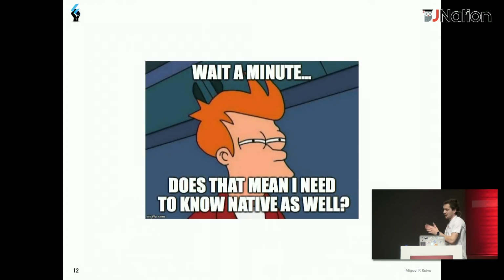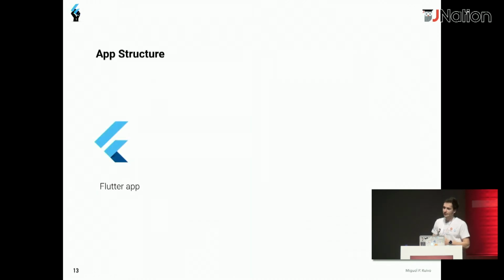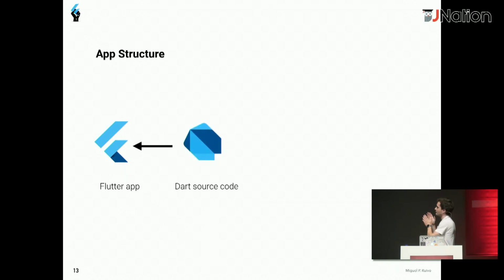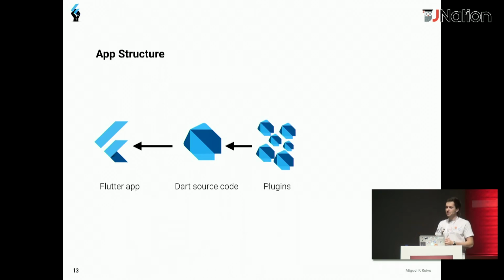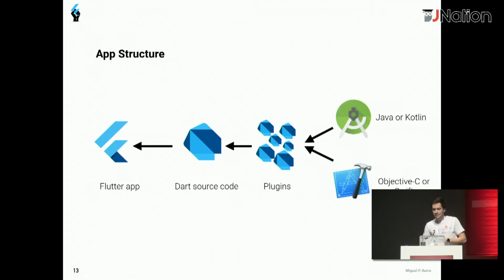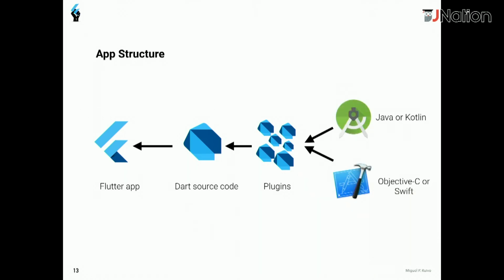But if you are worried right now that you may have to learn the native languages as well, fortunately for all of us, you don't. Typically, a Flutter app can have only Dart source code, and you will most likely extend it by using plugins from the community that can be only Dart as well. But in most scenarios, you want to use a camera, a sensor, Bluetooth, and so on, and you need to use hardware capabilities such as these.